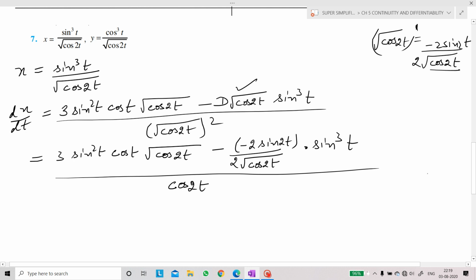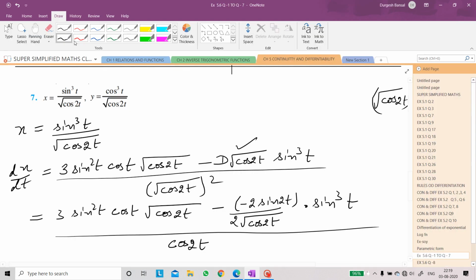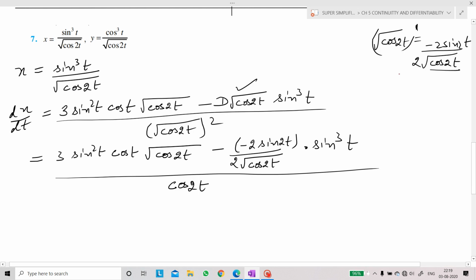Now let me use a different color so that you are not getting confused. Now you can see here that we are going to take the LCM of the numerator. So you can see this square root of cos 2t and this square root of cos 2t, they get multiplied, and this 2 and 2, they get cancelled.